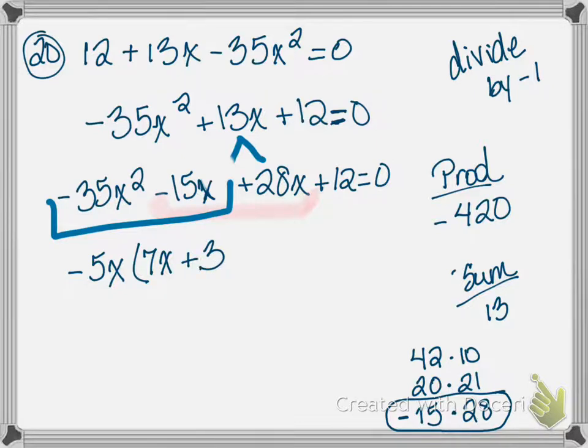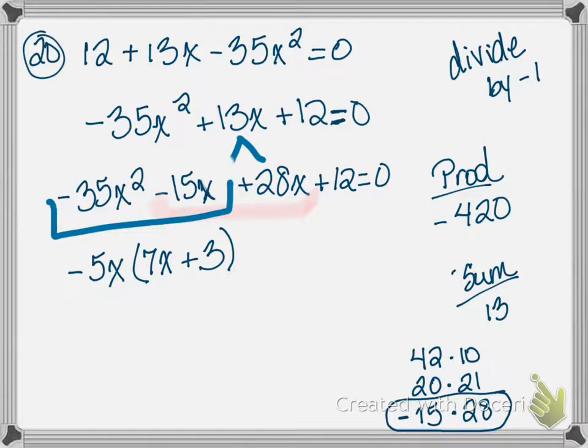Negative 5x times 7x is negative 35x squared. Negative 5x times 3 is negative 15x.